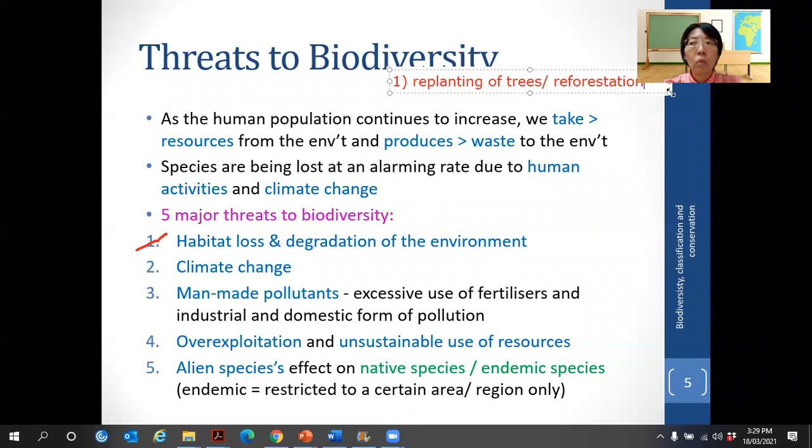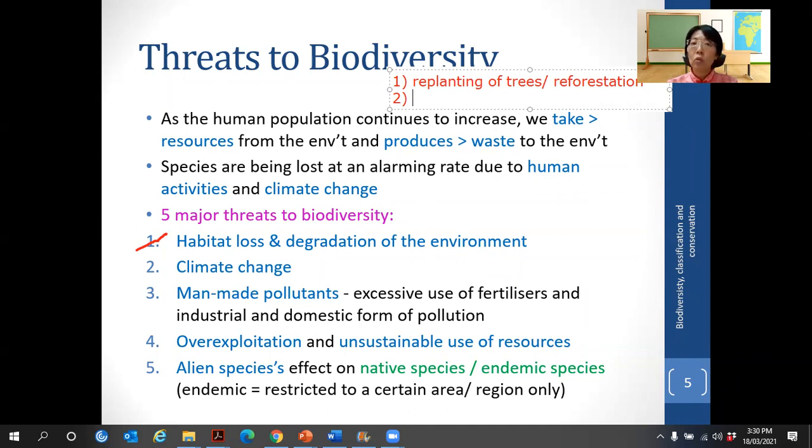And not only that, when we chop down the trees, deforestation, what happens to those animals? The animals don't have shelter, they may not have food, and they may die. So the numbers would also drop. So when we plant the trees back to the area, remember the role of the zoo.